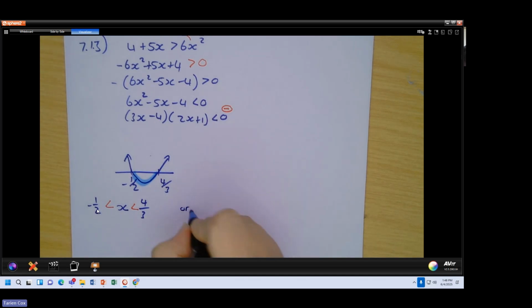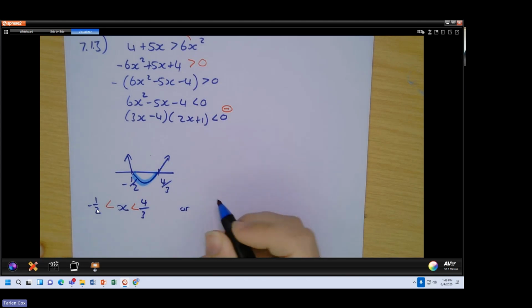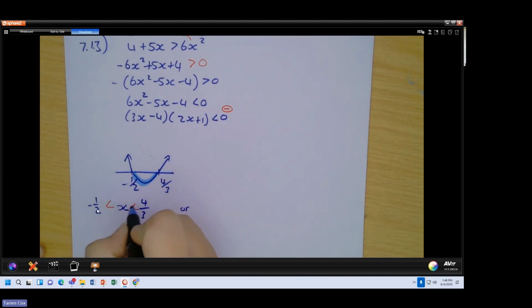Or you can write it, and this time I find the interval notation easier to say, because I know you guys mess up this sign. Either you write it like this or you write it like this. That doesn't work, right? Or sometimes you just write it like this as well. It has to be both the same way, because it says negative half is smaller than x, but x is smaller than 4 over 3.